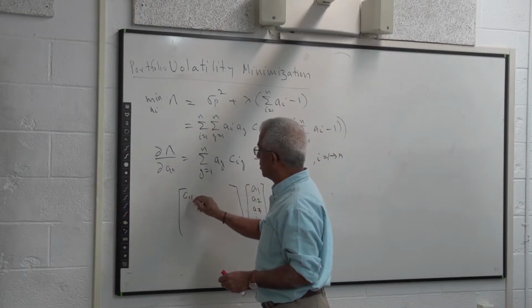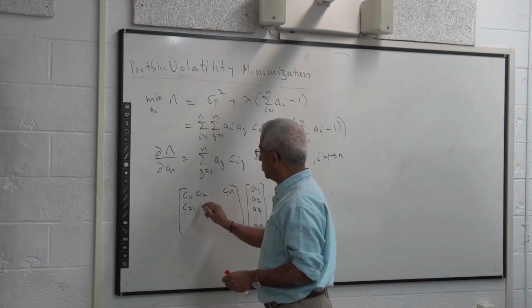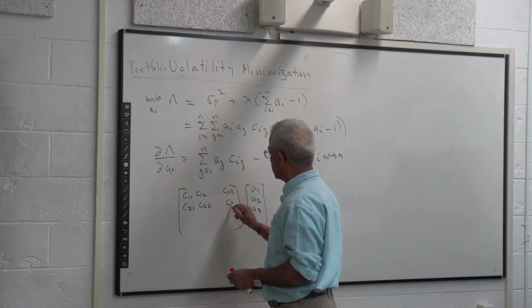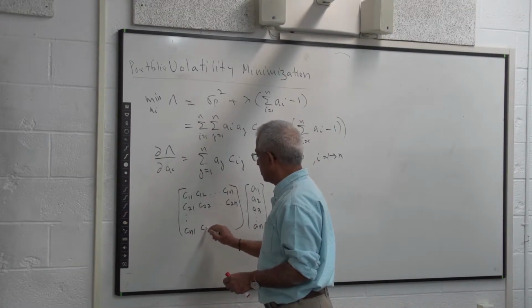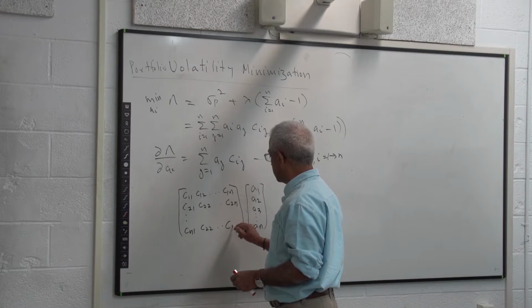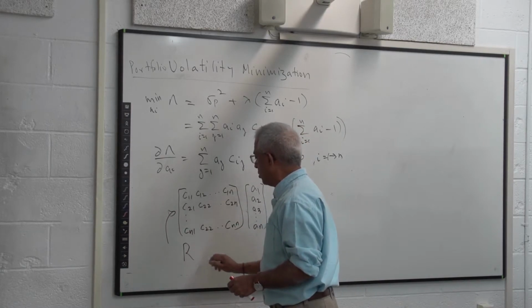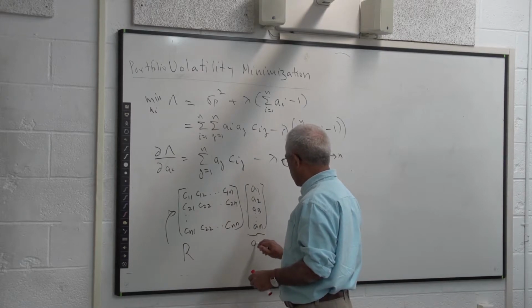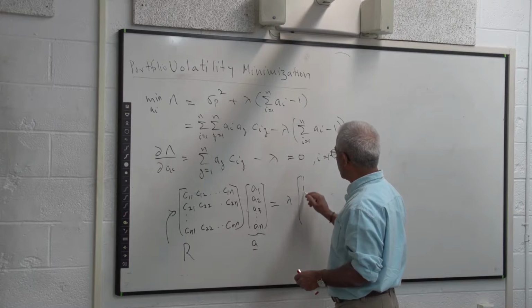And this is going to be C11, C12, etc., C1n, C21, C22, etc., C2n, etc., Cn1, Cn2, etc., Cnn. This is the variance covariance matrix. So I'm going to call this R. This I'm going to call the A vector. On the right side, you have lambda times 1, 1, 1, 1, 1.